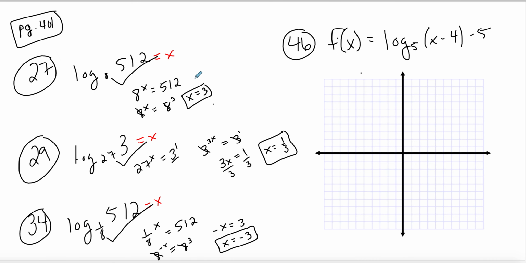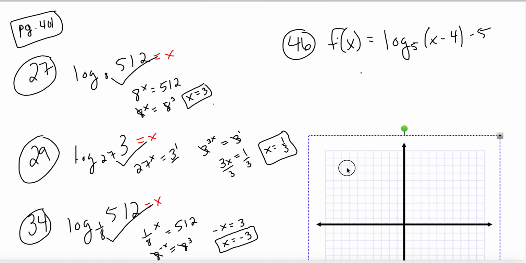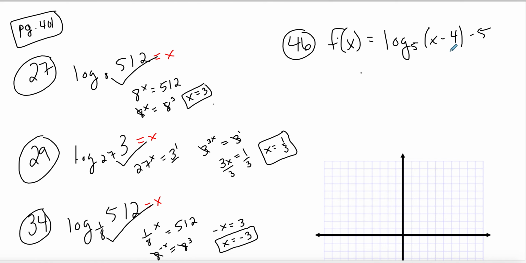Let's try this one up here. I'll do it first like I did it in class. So we want this x minus 4 to be powers of 5. So what's 5 to the -2? That's 1/25.